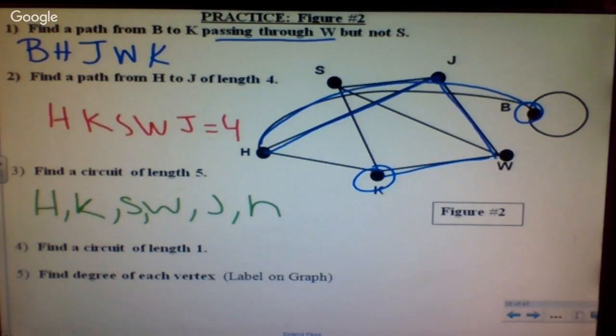Okay, length of 5. I can do this one though. He says if I get this one wrong, I'm done.